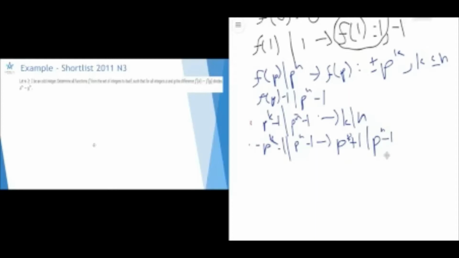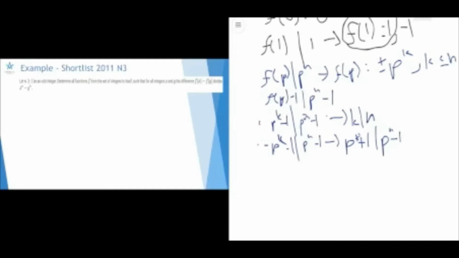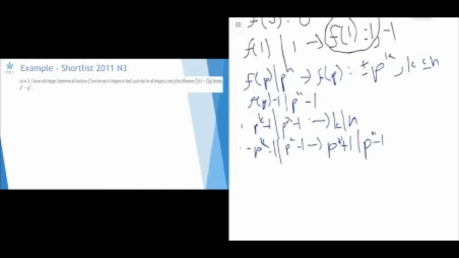Well, we know that p to the k times p to the n minus k is equal to p to the n. So we'll subtract the left-hand side, p to the n minus k times from p to the n minus 1. So this tells us that p to the k plus 1 divides p to the n minus k minus 1.